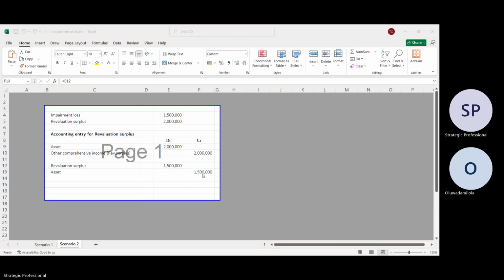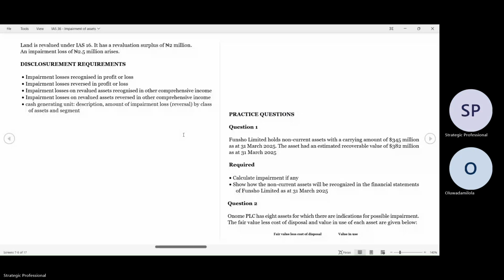Yes. So let me go back to the document. Okay. So disclosure requirements.